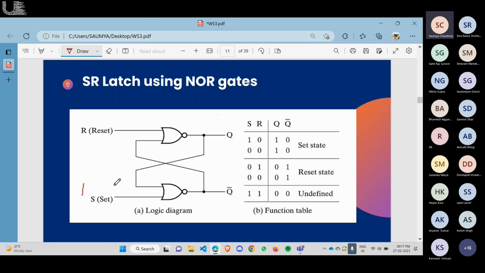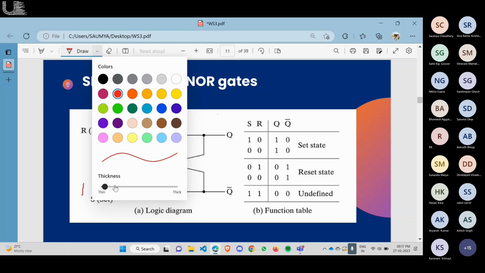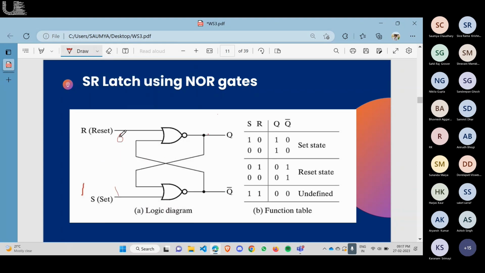Let's say we provide an input here and here is 0. As you know, in a NOR circuit, when one of the inputs is 1, it does not depend on the other input; it gives the value 0. So if this input is 1, this 0 will go here.